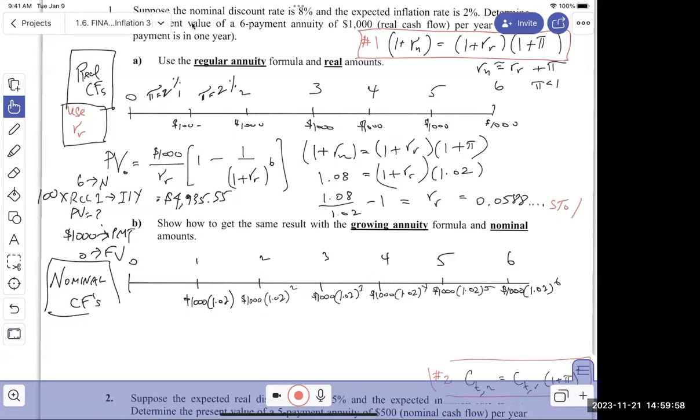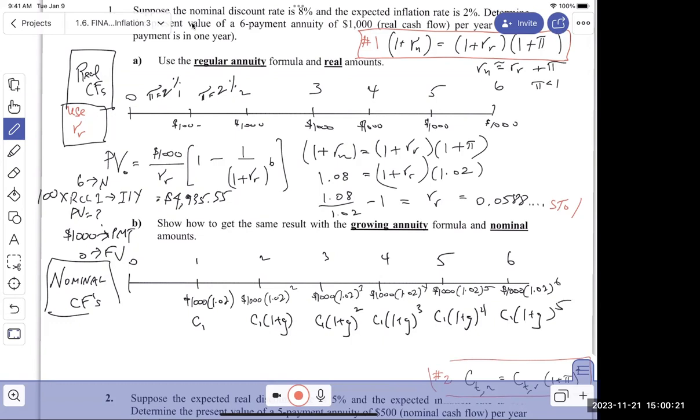So now, this is a growing annuity. If you remember, the cash flows for the growing annuity look like this: C1, C1 times (1 plus G), C1 times (1 plus G) squared, C1 times (1 plus G) cubed, C1 times (1 plus G) to the 4th. So I can see here that my first cash flow for the formula has to be this one.